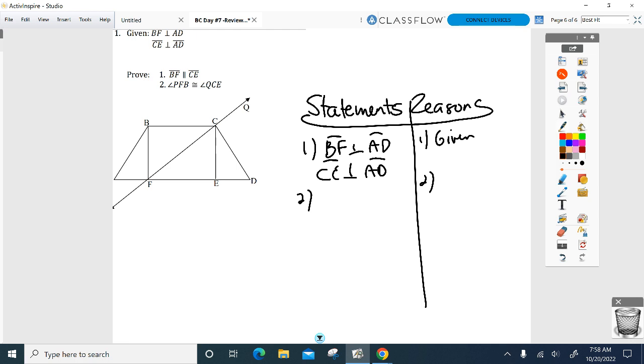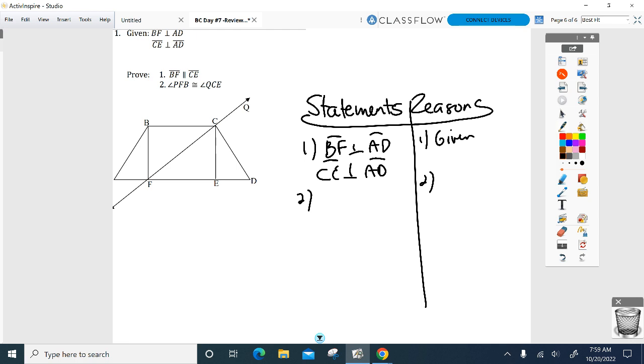Okay, so we should be having some right angles on our diagram, right? Where BF and AD meet and where CE and AD meet, we should have right angles. You see in the proof statement, number 1 and number 2, this is not 2 separate proofs. We're going to prove number 1, continue on our proof to do number 2.